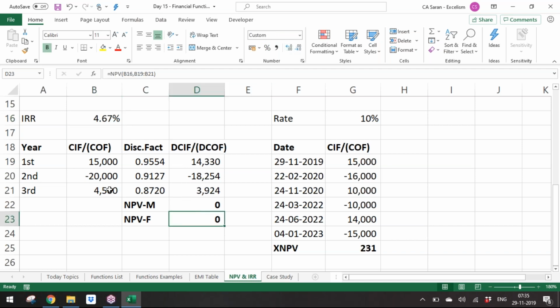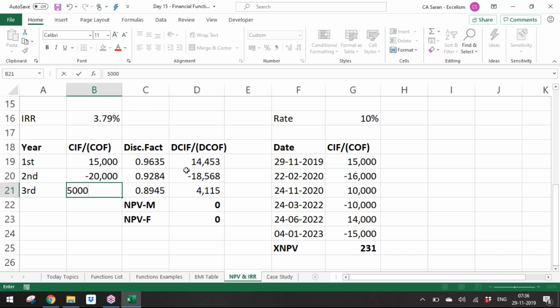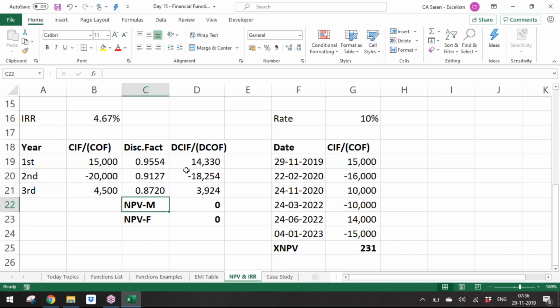If, for example, this is not 4,500 but 4,600, then it's slowly going down. Obviously, when you're getting more money, the rate will go slowly down and so on. When I put 5,000, it's almost negligible. Okay, 4,500, let us keep it. So IRR is the point at which your NPV is 0.